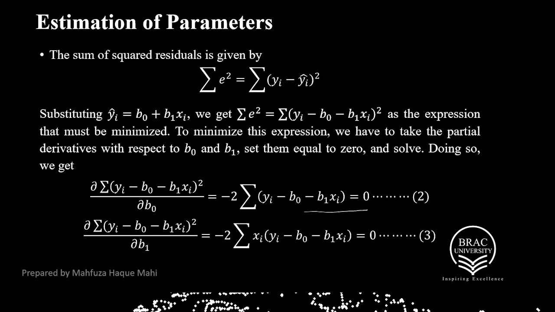In equation 3, we have taken the partial derivative of the same expression with respect to b1, and what we get is minus 2 summation of xi (yi minus b0 minus b1 xi), and we have set it equal to 0.